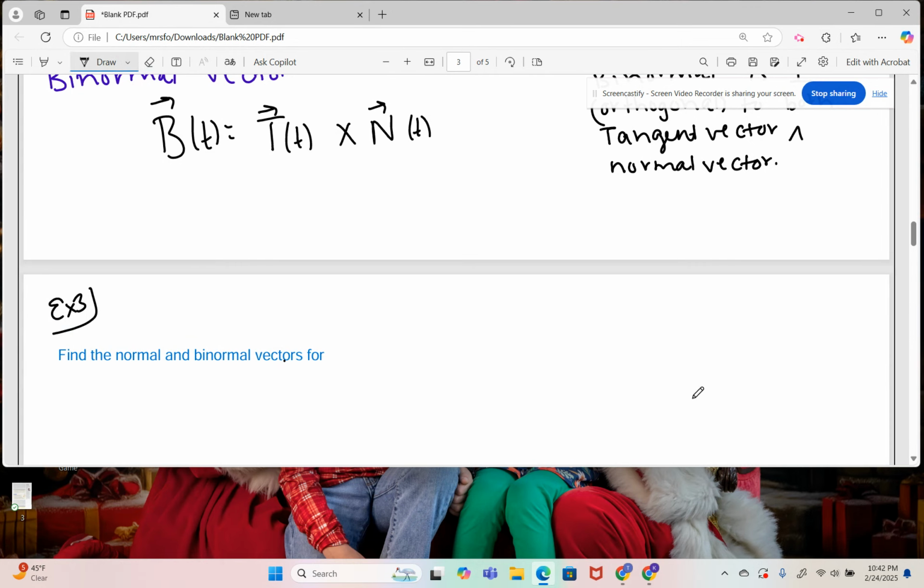Okay, vector r of t is equal to t, sine t and 3 cosine t.